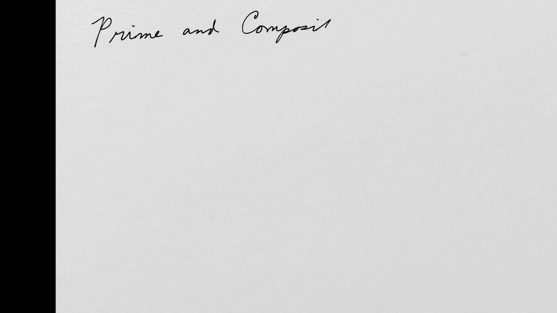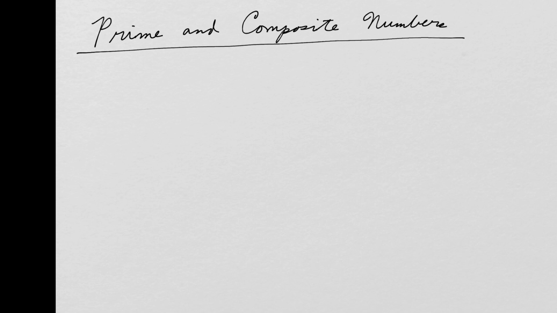Okay, next I want to talk about prime and composite numbers. So, prime and composite. Okay, so what is a prime number? A prime number is a whole number that has itself and 1 as factors.